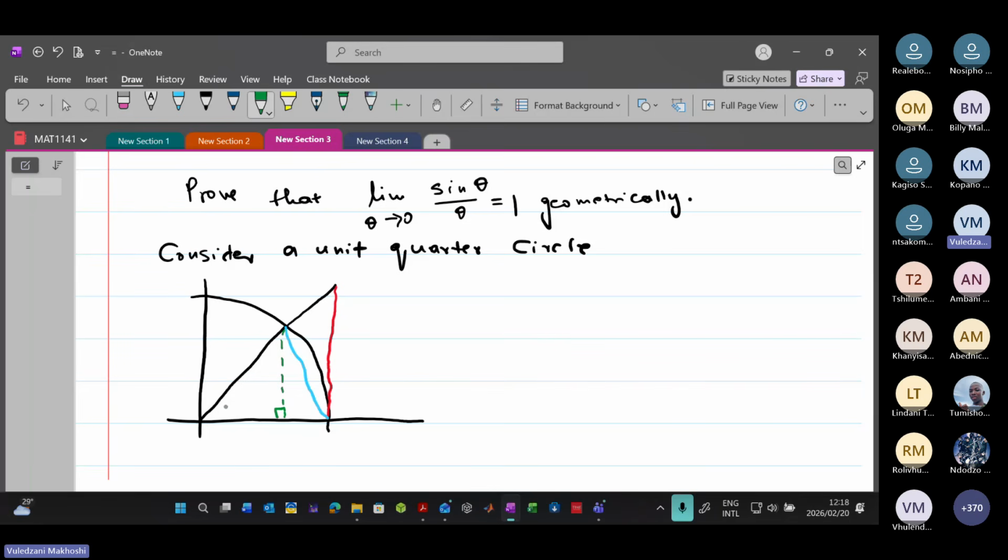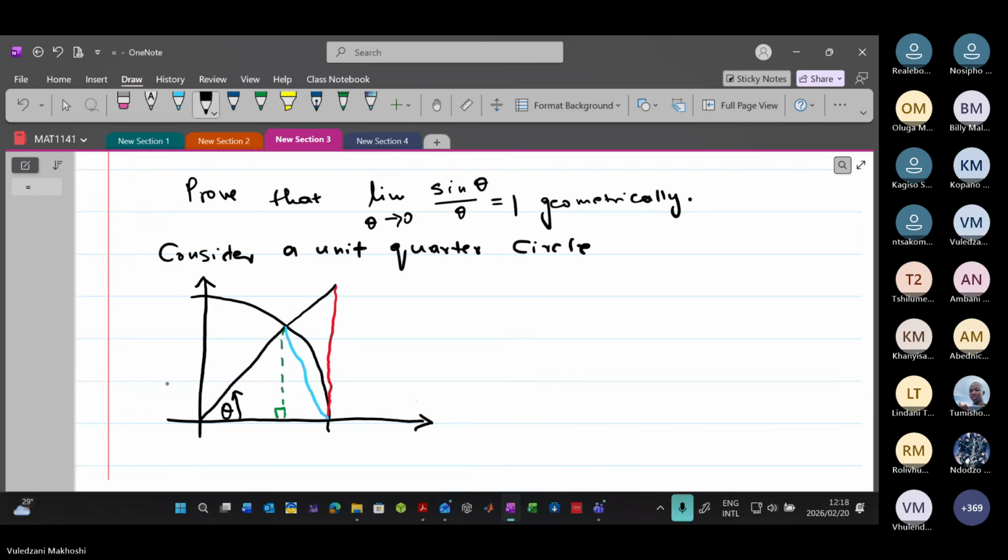This is 90 degrees. Our angle here is theta. Then the radius is 1 unit.